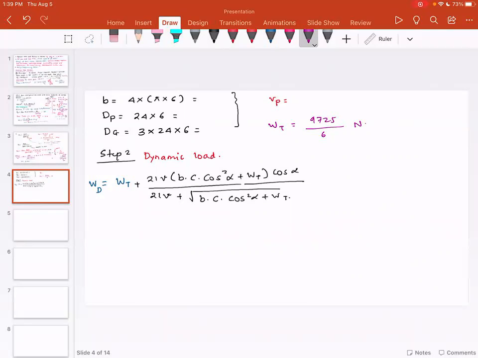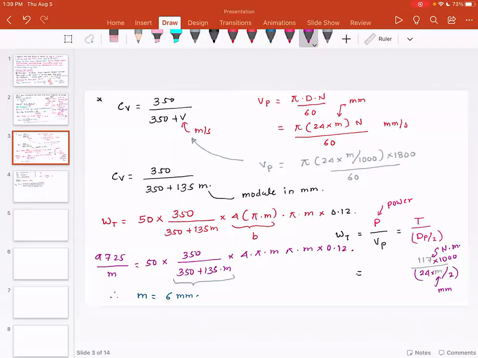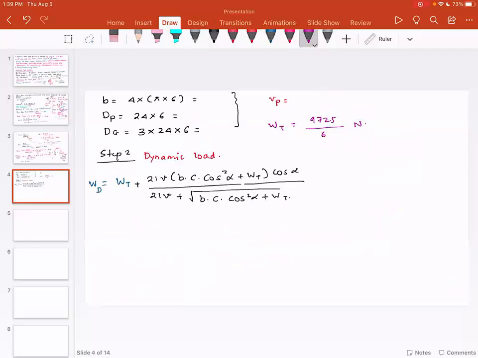Now VP, we already know VP is 117, so pi times 24 times 6 divided by 1000, times 1800 divided by 60. So now this value is known in meters per second. This value is known in newtons.